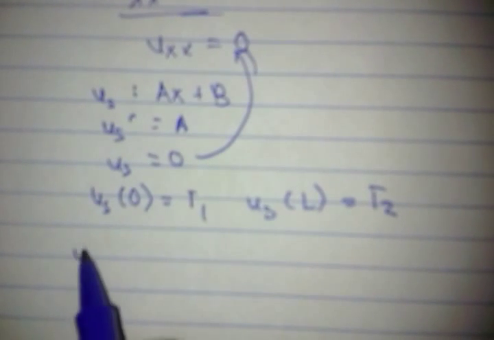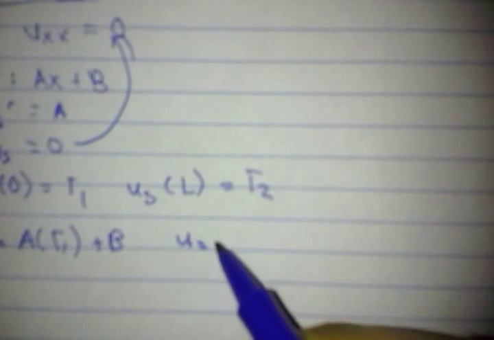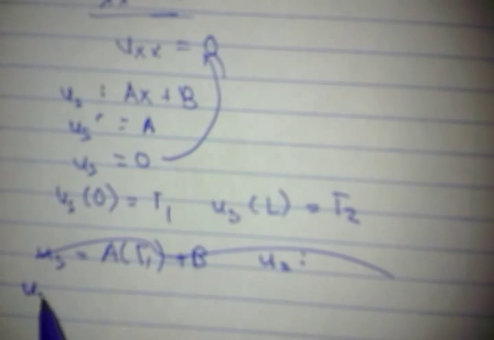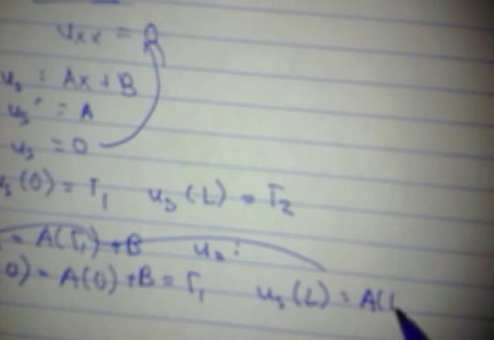So if we plug this in, this is not right. If we plug this in, I'm sorry, it's equal to A times 0 plus B is equal to T1. And this one is equal to A times L plus B is equal to T2.